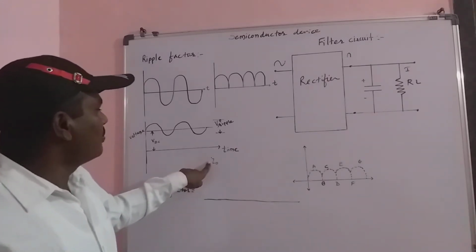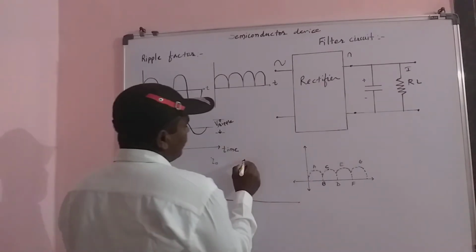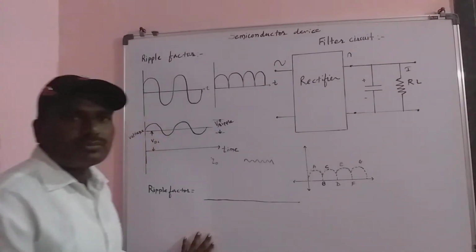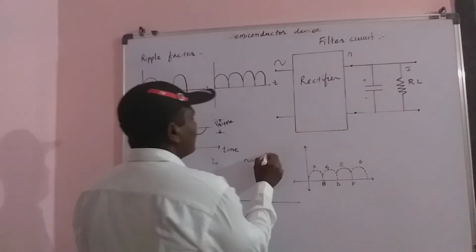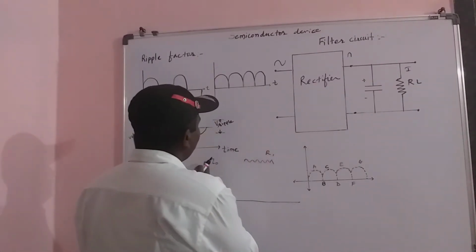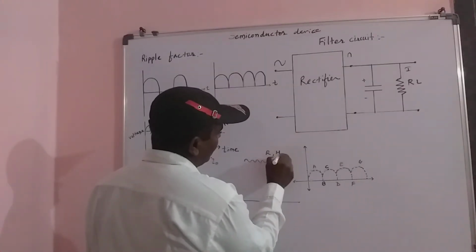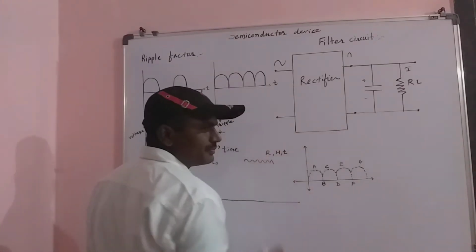When this peak value of alternating current flows through a resistance R, heat is produced in time t.